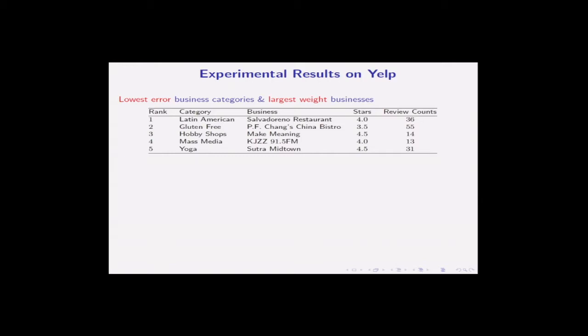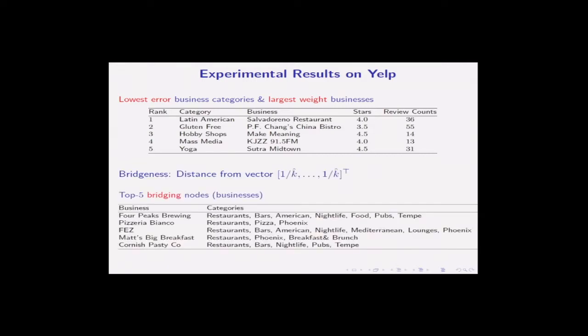So the intuition is you could think a set of dedicated users who would go and review such businesses without overlapping with other ones. And the fact that we use a mixed membership model where a node can belong to multiple communities means that we can recover multiple attributes for every node. So you can see a node can be a restaurant, a bar, its location, and so many different features.